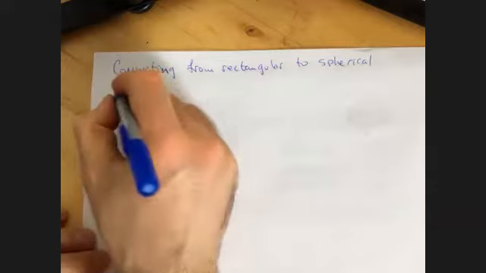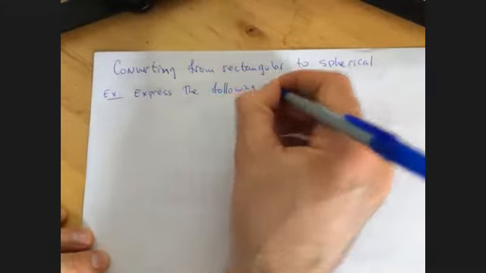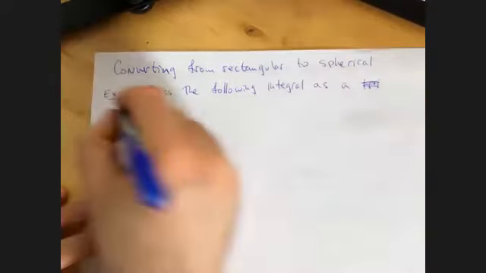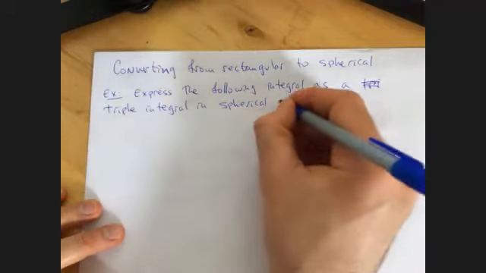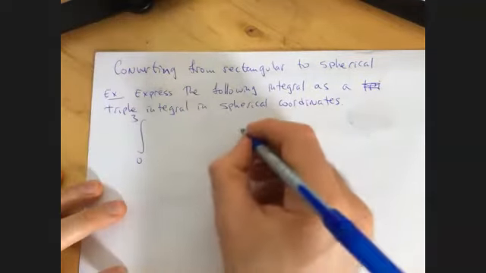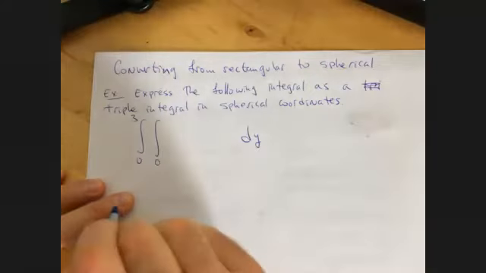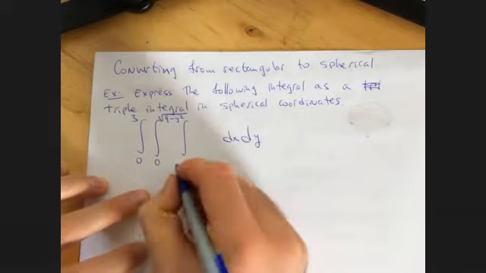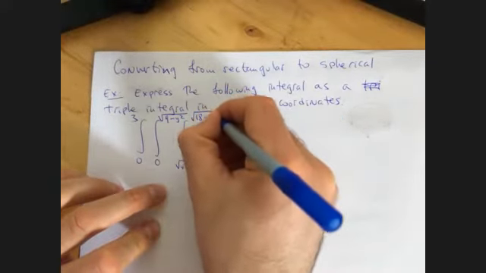The integral is from 0 to 3 dy, from 0 to square root of 9 minus y squared dx, and from square root of x squared plus y squared, again the same thing, above the cone, below the sphere dz.